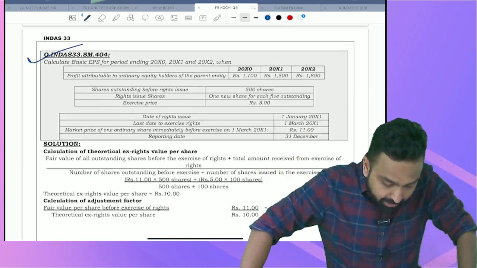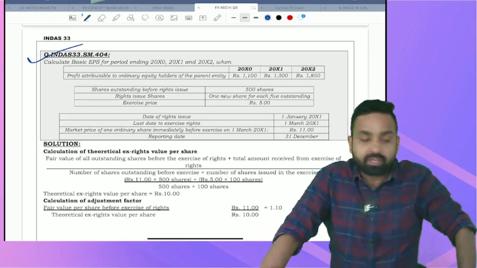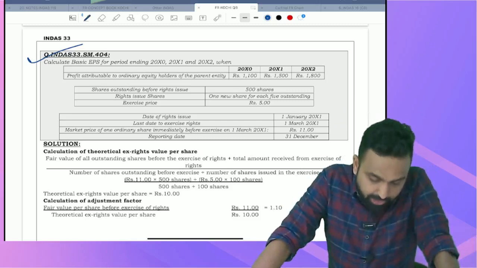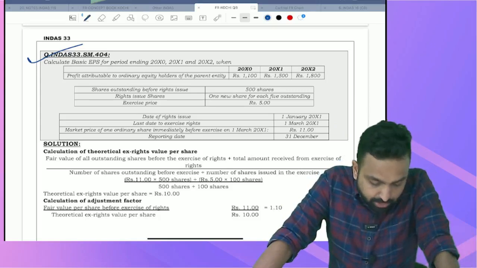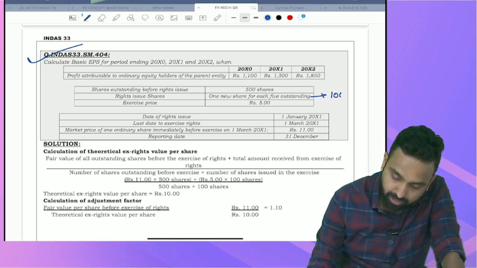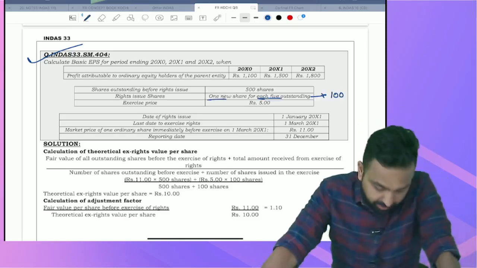Calculate basic earning per share for the period ending X0, X1, X2. 3 years they are giving. The profit attributable to the ordinary equity shareholders of the parent entity is 1100, 1500, 1800. Shares outstanding before right issue 500. The right issue is 1 new share for every 5 outstanding. That means 100.